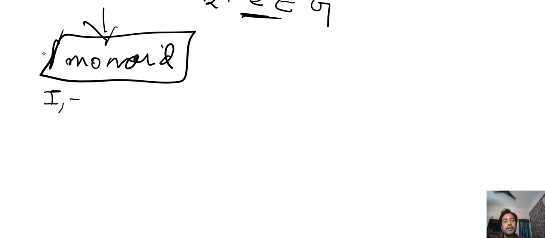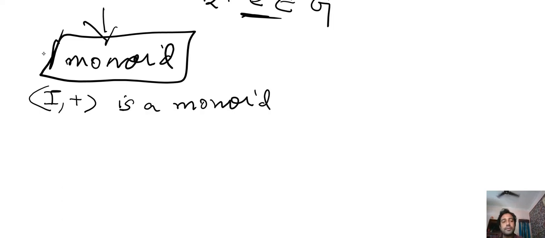So I plus is a monoid. As we know, it is a semigroup, and it has an identity element E. In this case, E is 0.